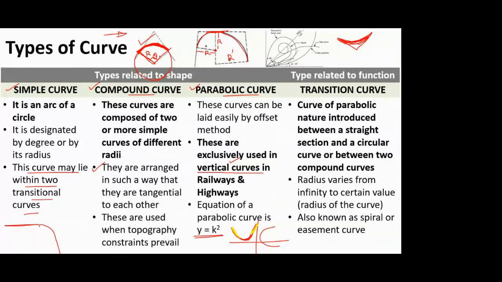In that case, this becomes your horizontal curve, but again you cannot change the direction suddenly. That is, your railway is going straight, and then suddenly you are taking a 90-degree turn, right turn or left turn, whatever, right turn in this case. So suddenly you can't change the direction. For that, what we have is a transition curve. The last type that you see is dependent on the function.